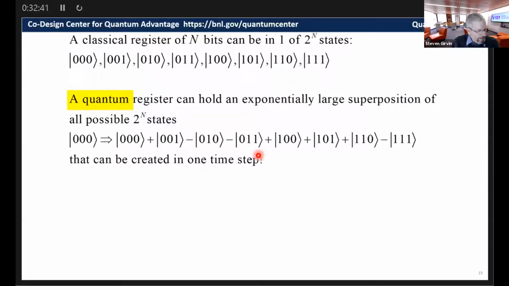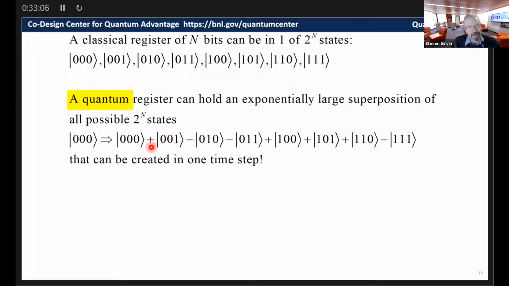So a classical register of n bits can be in one of 2 to the n states, but a quantum register can hold an exponentially large superposition of all possible 2 to the n states. Here, I've taken the complex numbers in front of each possible state of 3 qubits to be just plus or minus. It could be complex.